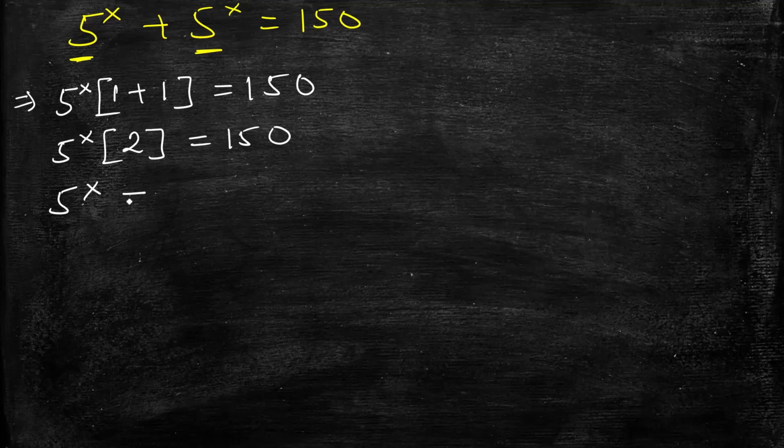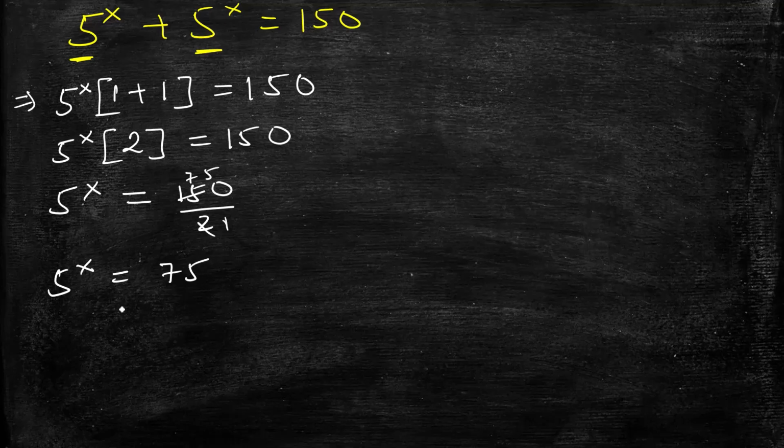So this side will be 150 over 2. So we have 5 raised to x equals 75.